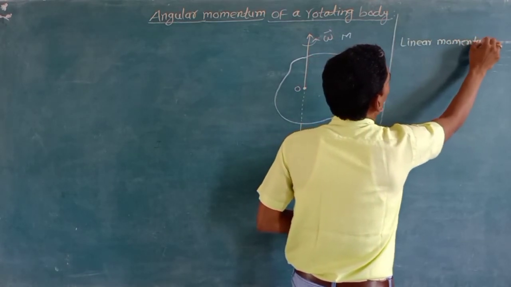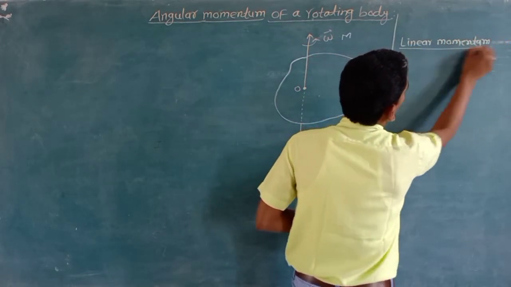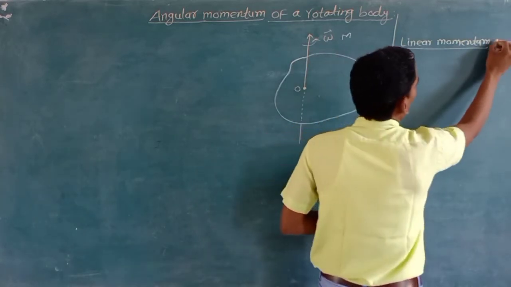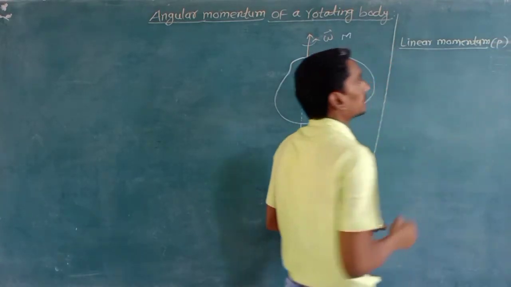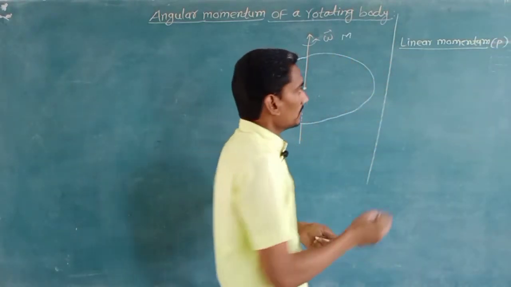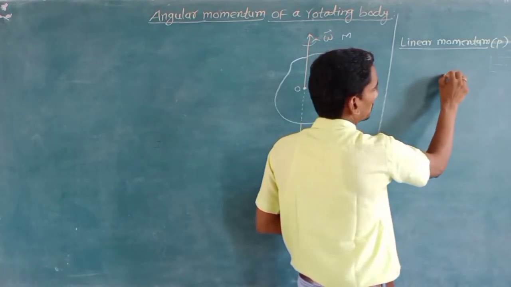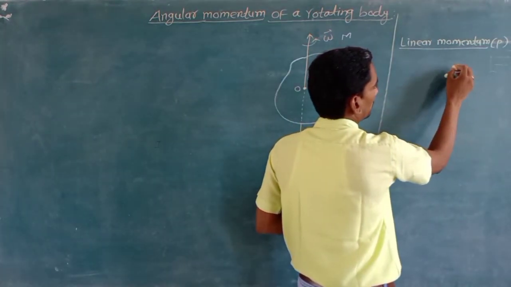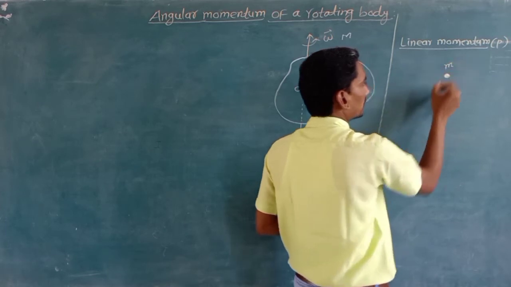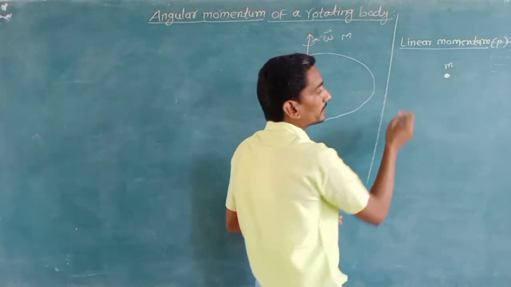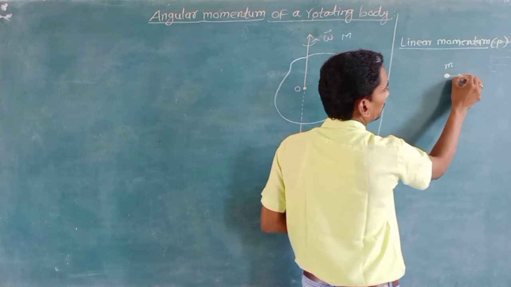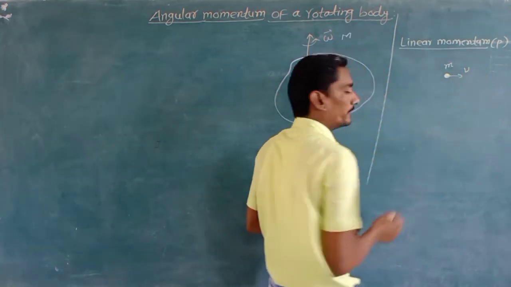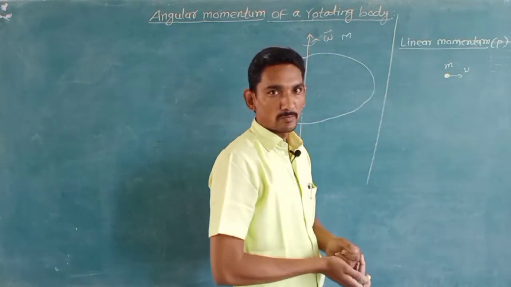We know that linear momentum is indicated by the letter capital P. Suppose this is the object having the mass m, and it is moving in this direction with velocity v. Then what is its linear momentum?